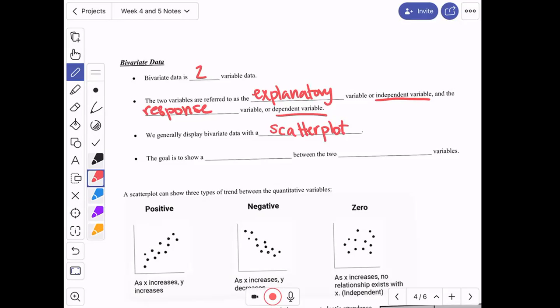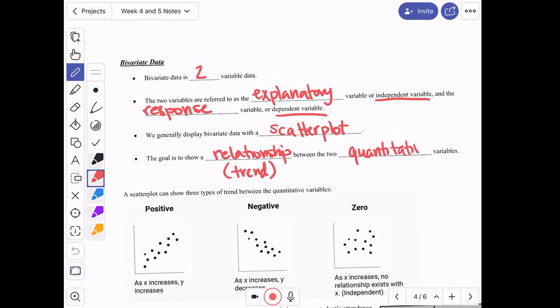And the goal is to show some kind of relationship or some kind of trend between the two. And this is the most important thing: these two variables have to be quantitative variables, which means they have to be numbers that are measuring something.